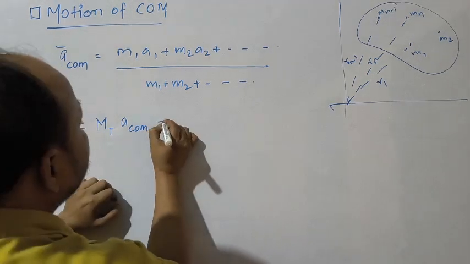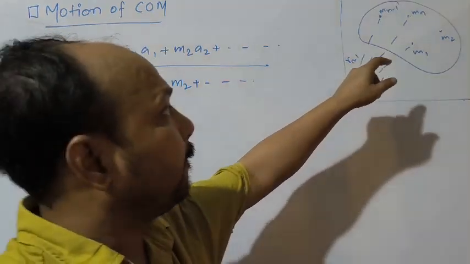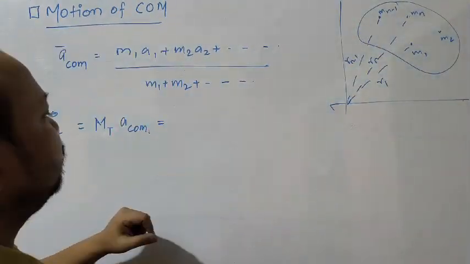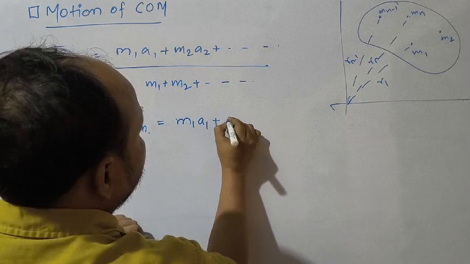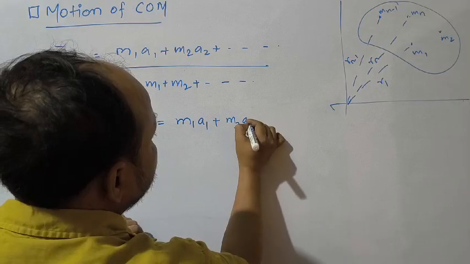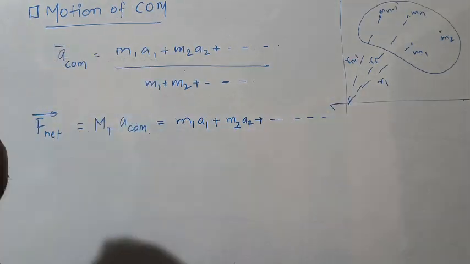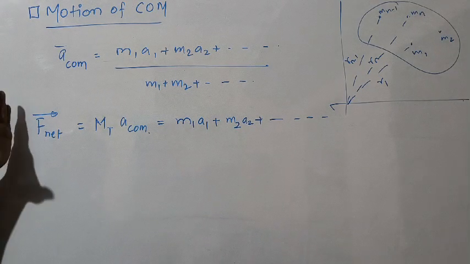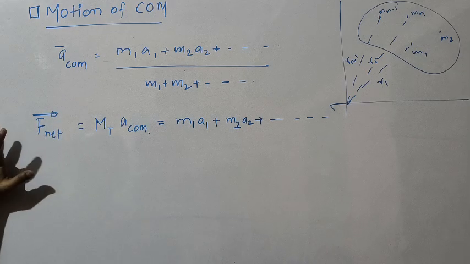Also we can write the forces acting on the individual masses: the sum of the forces acting on the individual masses can be written as m1a1, m2a2, m3a3, mnan. So this is the basic thing. Till now we are aware of these formulas.